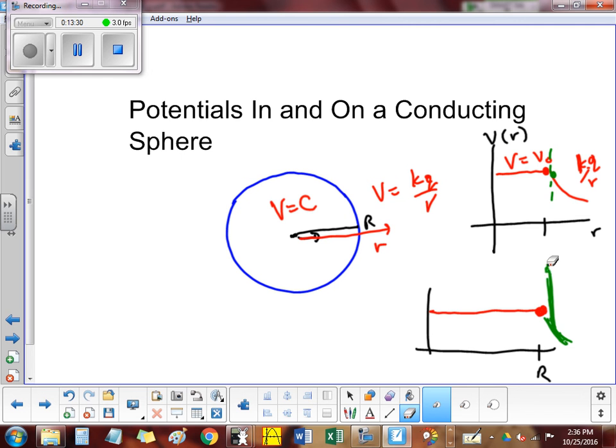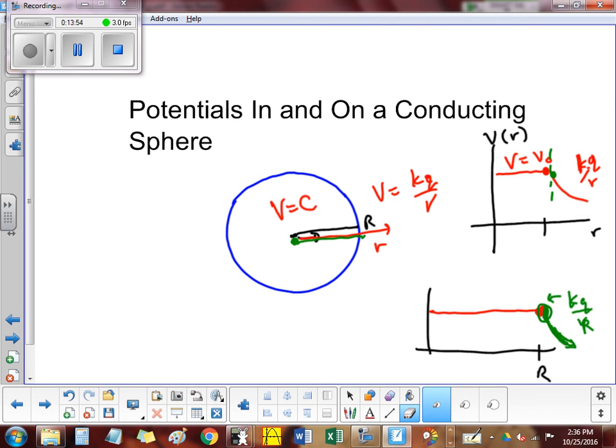I should have thought about this before recording, but I think it might be finite. The reason I suggest that is because we're measuring from the center of the sphere, so R is not 0. Little r is not 0, so you're doing KQ over r, but r is already capital R. So I think we've answered that question.